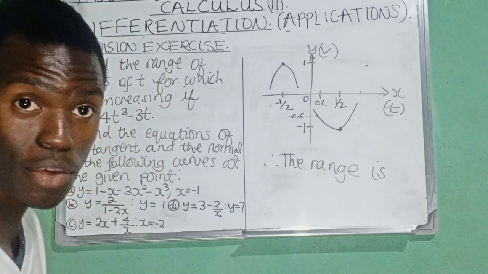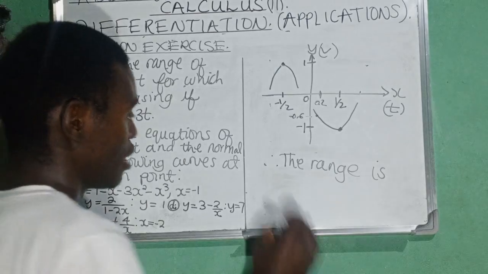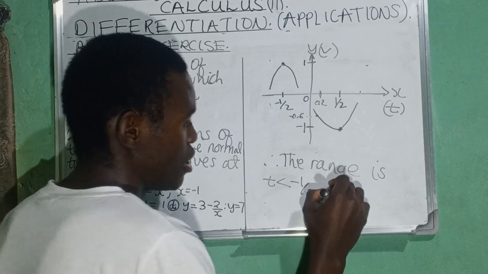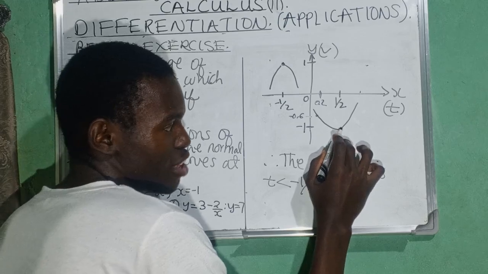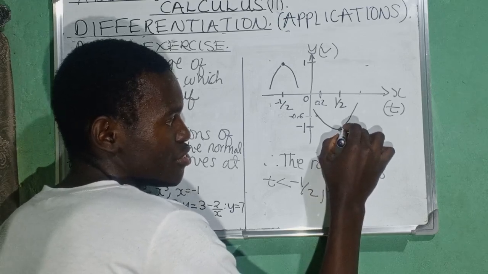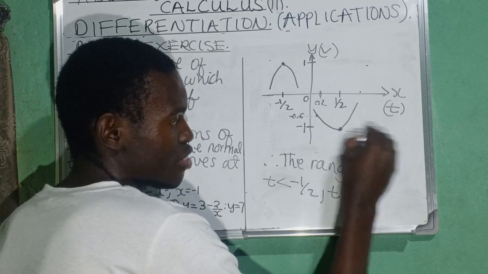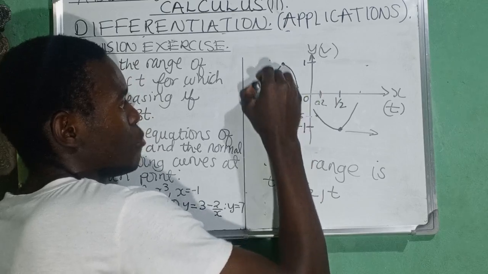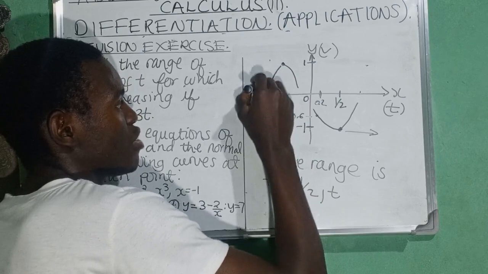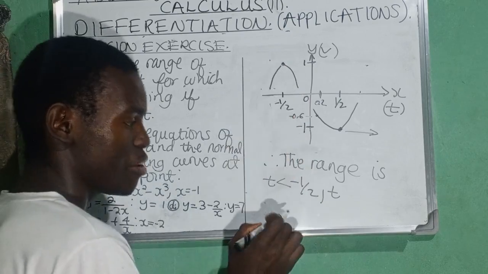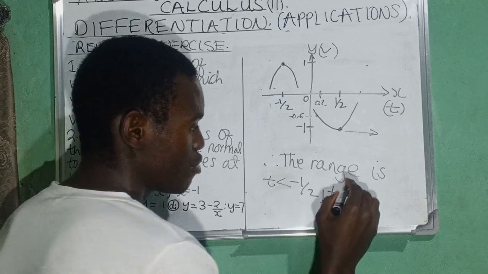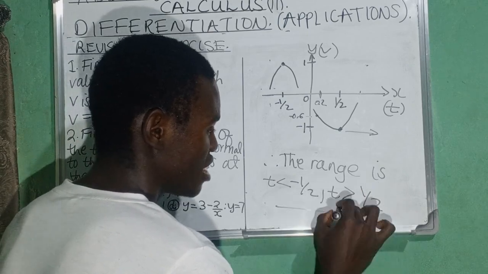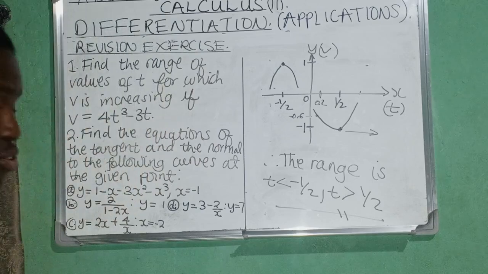So we're going to say, therefore, the range is t is less than negative half, comma, t greater than positive half. It is increasing before the turning point in this section, and increasing after the turning point in this section. That's why I said t is less than negative half, and then t has to be greater than positive half. That is the range. So this is using the graphical method.